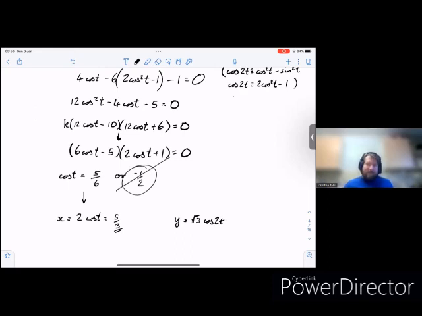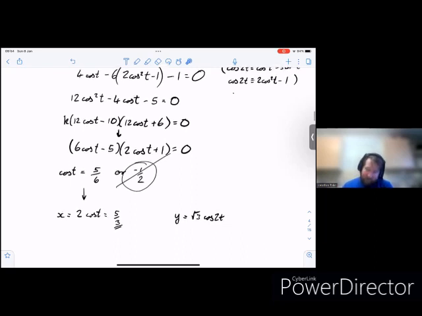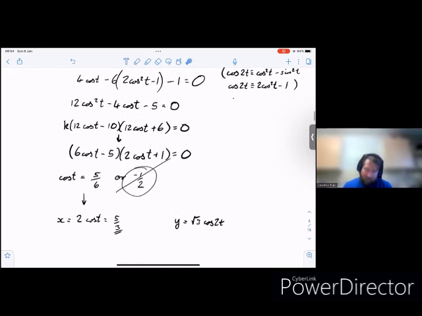Again, because it's wanting the exact value, we can't work out cos 2t from cos t because our calculator just gives us a decimal here, but we can use this identity. Now, I'm using my phone as a calculator, so it might be that your calculator gives an exact value for these, but I don't think it does. So we're going to have to use the identity for cos 2t here because we've got a value for cos t.